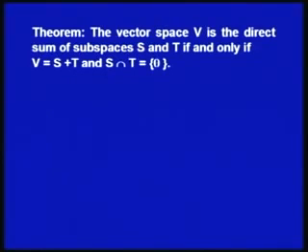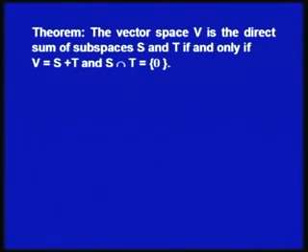Now we state a theorem. According to this, the vector space V is the direct sum of subspaces S and T if and only if V is equal to S plus T and S intersection T is equal to the null vector 0.